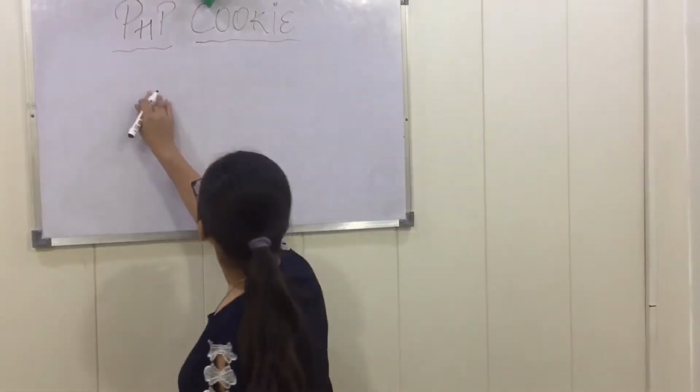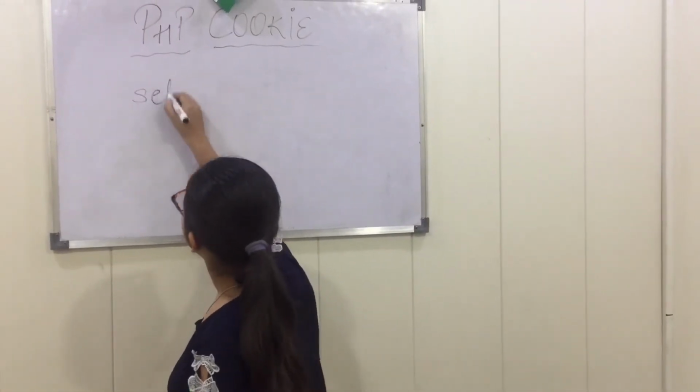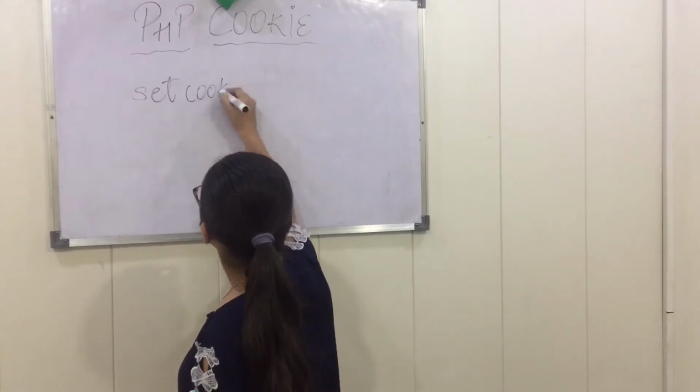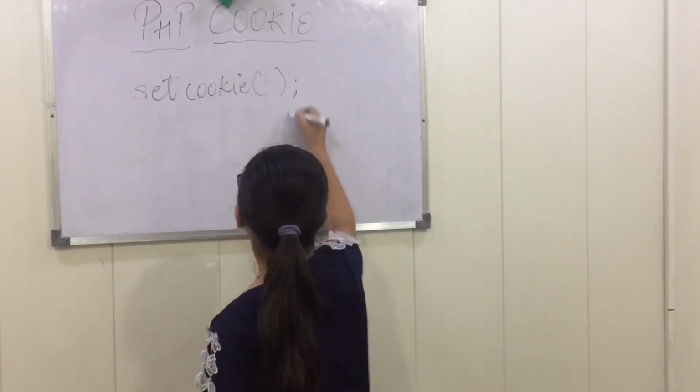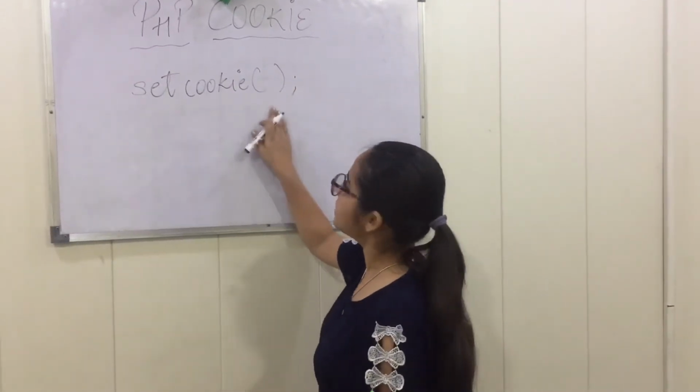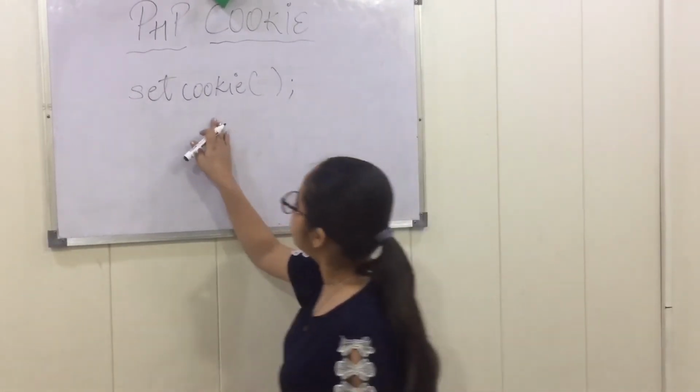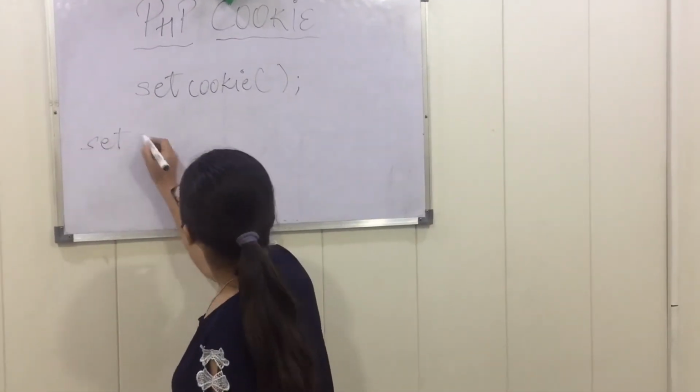The syntax of creating a cookie is the setcookie function and then a semicolon. After using this you can create a cookie.